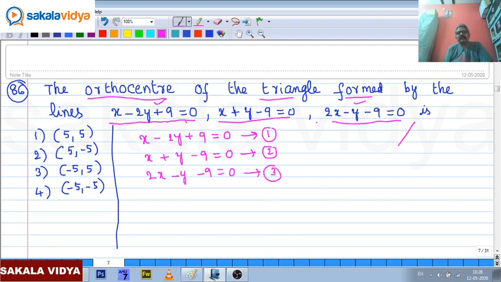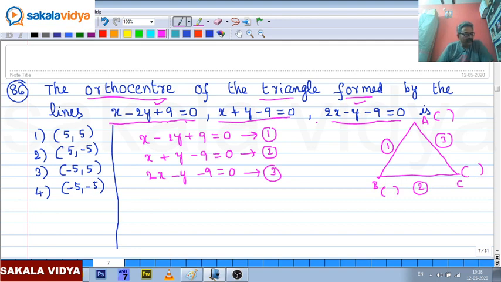So that means now the triangle, say A, B, C. This is equation 1, equation 2, equation 3. Now solving 1 and 3 you get A coordinates. Solving 1 and 2 you get B coordinates. Solving 2 and 3 you get C coordinates. Then you need to find out. Understood now? So that means actually here I will explain one shortcut for this one.